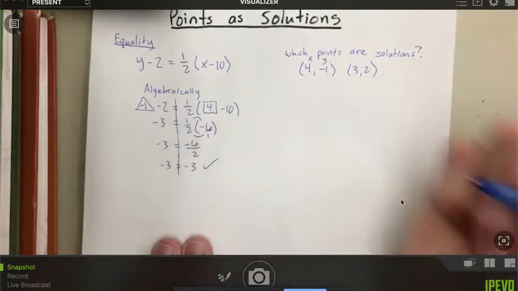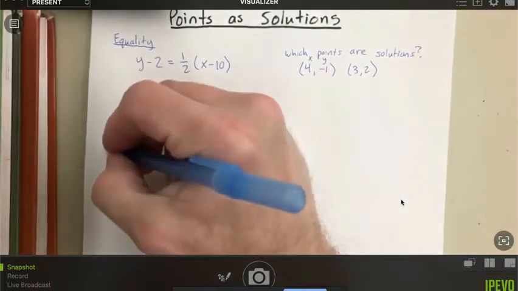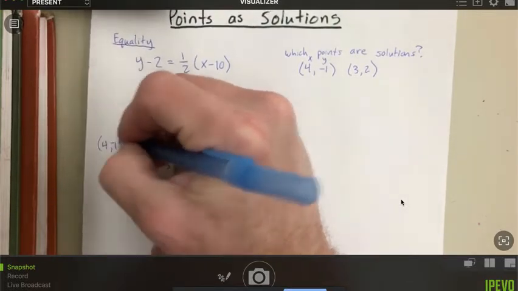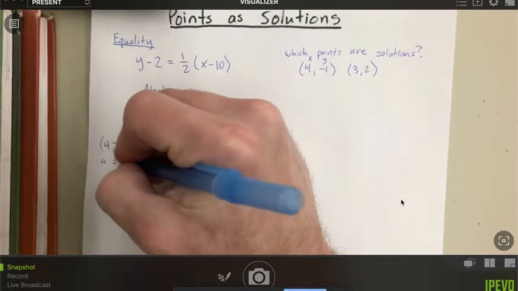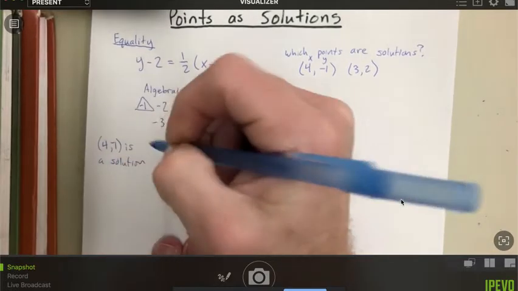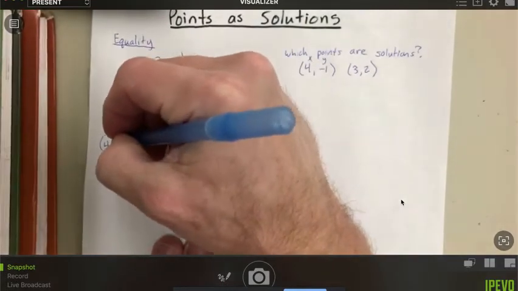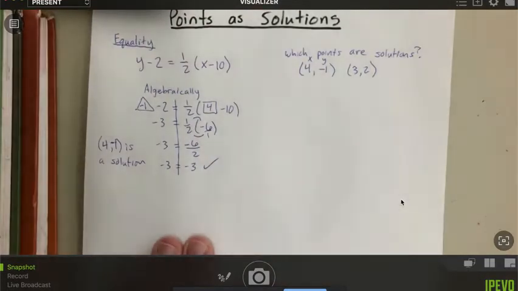And this is true. Therefore, (4, -1), that looks like a 7. (4, -1) is a solution. That's it.